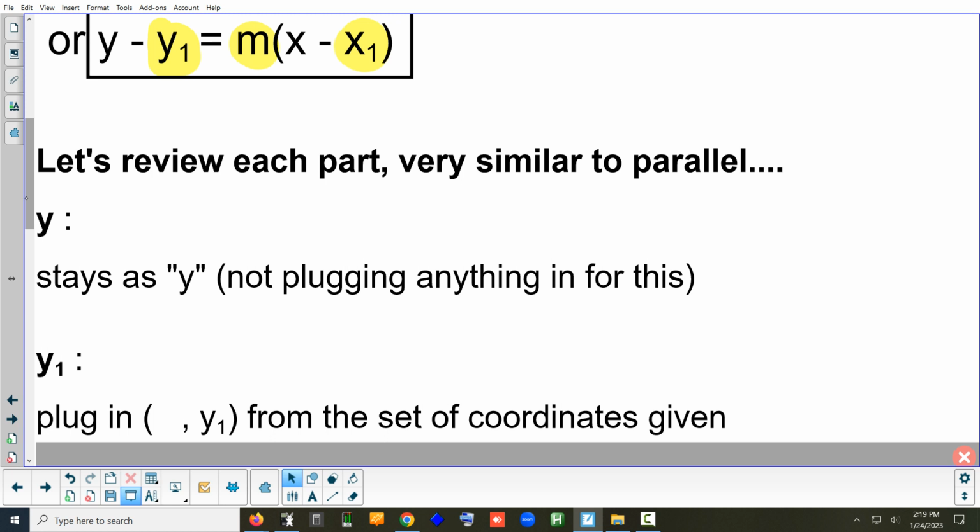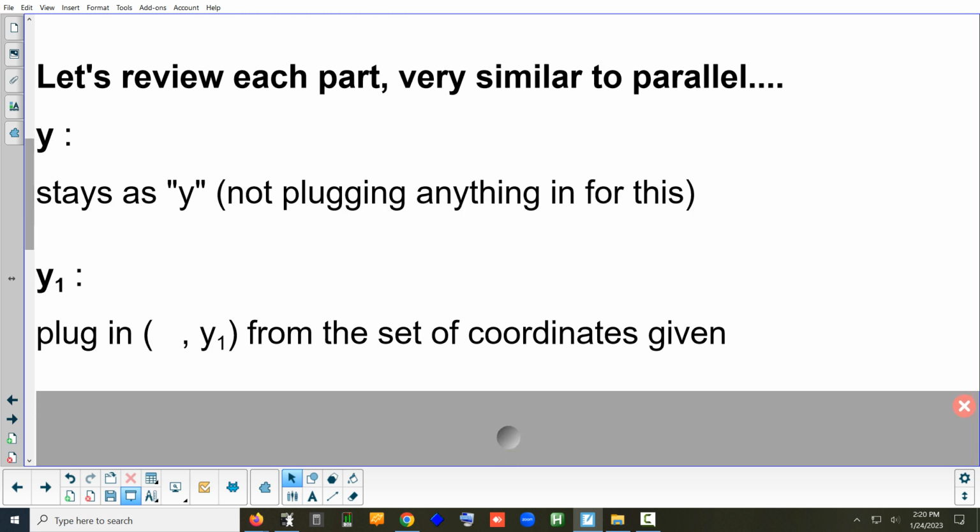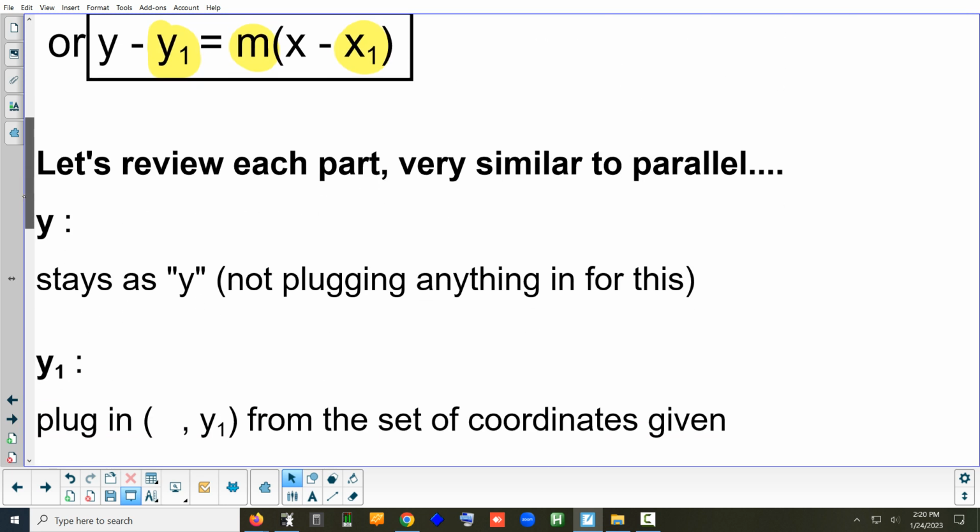Yeah, equals. We're not going to do anything to the equal sign. We're going to leave the equal sign right where it is. So yeah, the next thing that comes is m. And does m stay the same, or do we have to fill in something for it? Yeah, we have to fill in something for it.